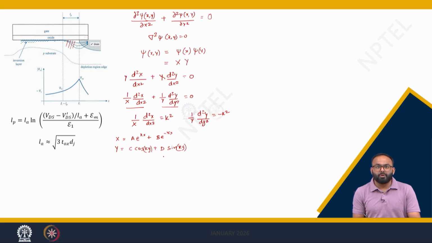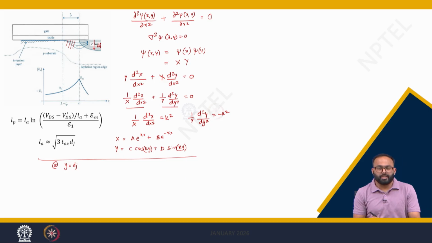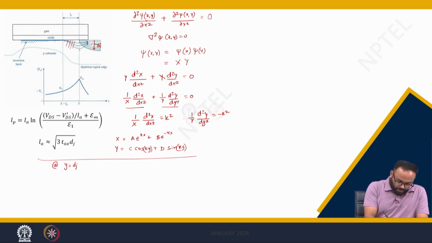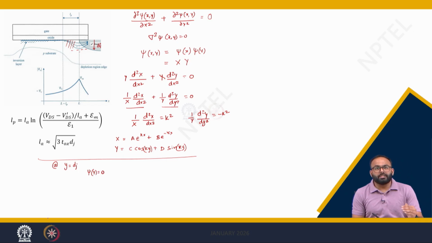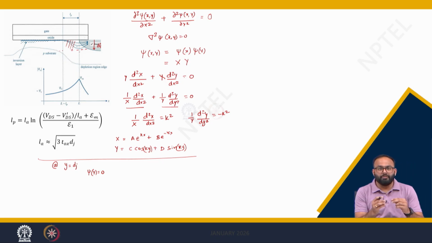Now we need to use some boundary conditions to find out these constants. Let us see what the boundary conditions are. In y direction, at y equals dj, where dj is this depth, called the junction depth, the potential is considered to be 0. So psi is considered to be 0, because in the surface potential condition also we said that we are considering some point in the body with which we measure the surface potential.